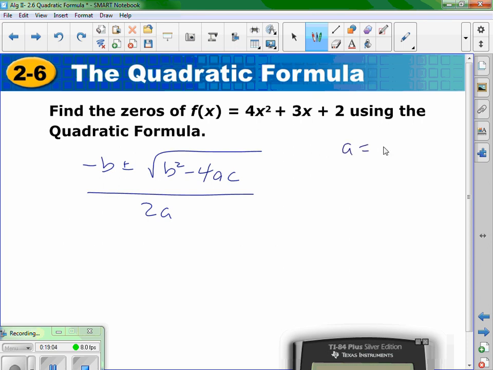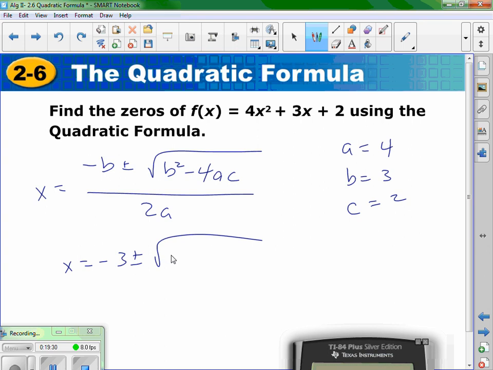A is 4. B is 3. C is 2. Why are they all positive? Because they're positive in the problem. Don't put negatives that aren't really there. Negative 3 plus or minus square root.